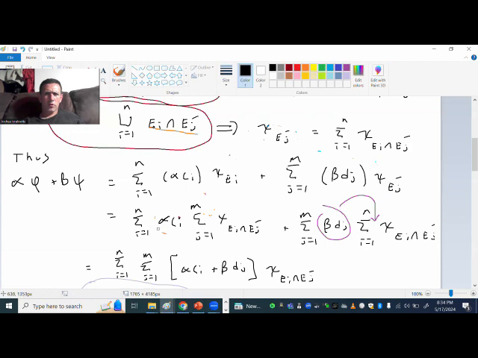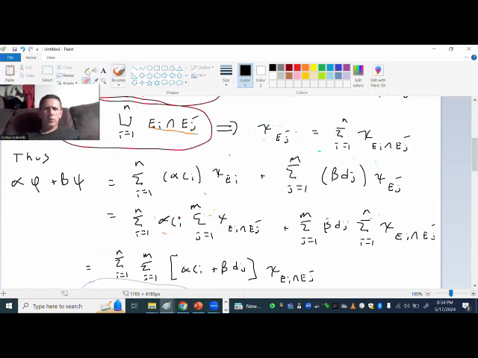So what I'm going to do is write psi in this way. We're going to get rid of the alpha, basically. So I'll even do that right here.